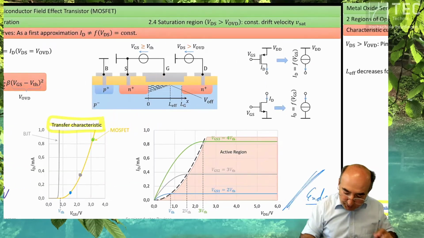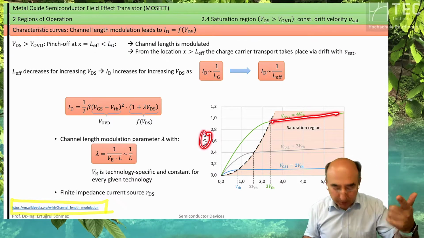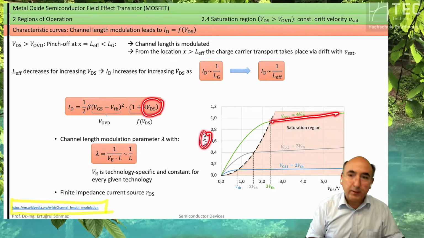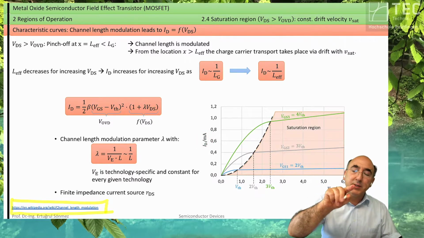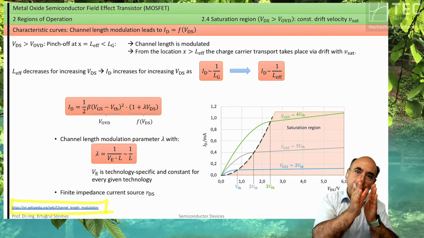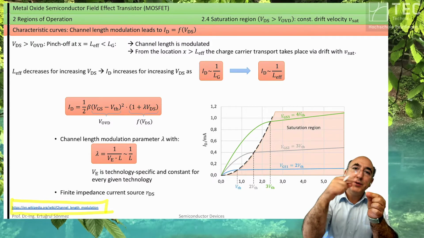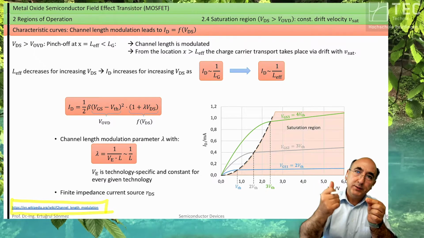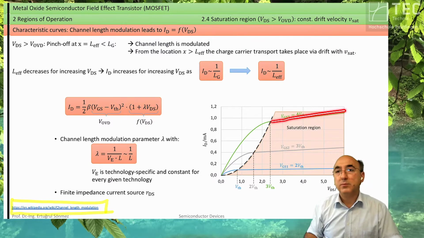And this increase in the current through the drain is mapped as an additional term, plus lambda VDS. So physically, you reduce the channel length by pinching off earlier under the gate, and this reduced channel length increases the available current, and this increased available current generates this slope.